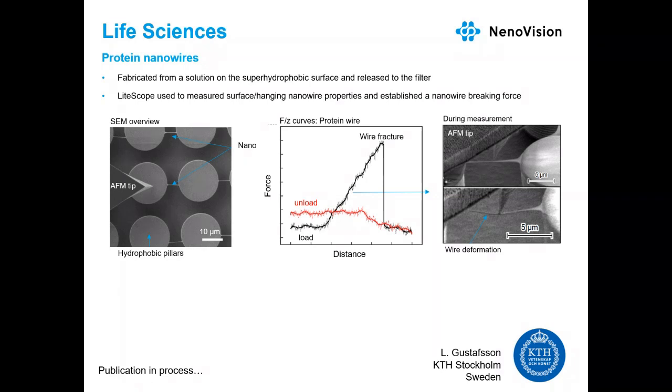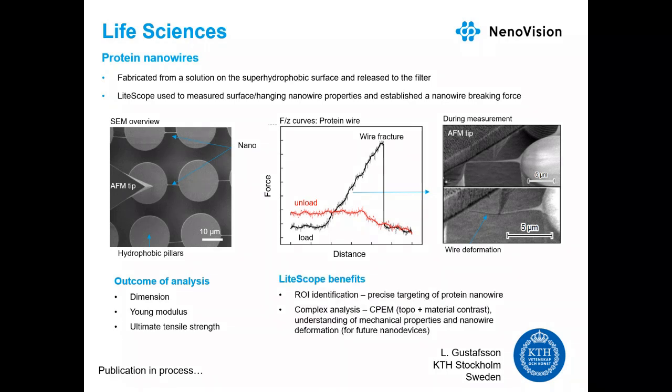With this, you can really nicely measure the Young modulus of the materials. You can also measure the ultimate tensile strength, and of course you can also analyze the dimensions. I'm sorry we did not put any real numbers there because the publication is still in process.